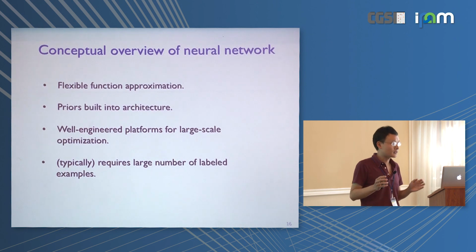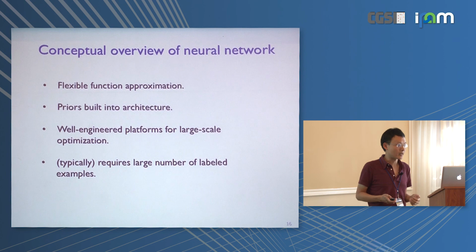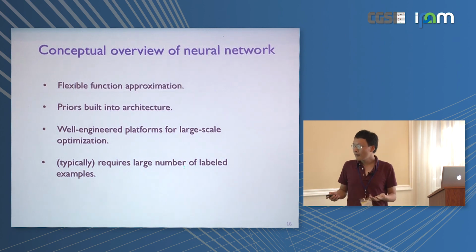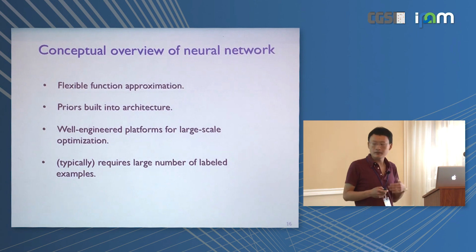But for various reasons, these neural networks have been extremely well-engineered, partly because they're used in a lot of these large companies. So as academics, we get to leverage the results of this very well-engineered system. That's one of the main benefits. A caveat here is that to train these models, it typically, not always, but typically requires a large number of well-labeled training examples.